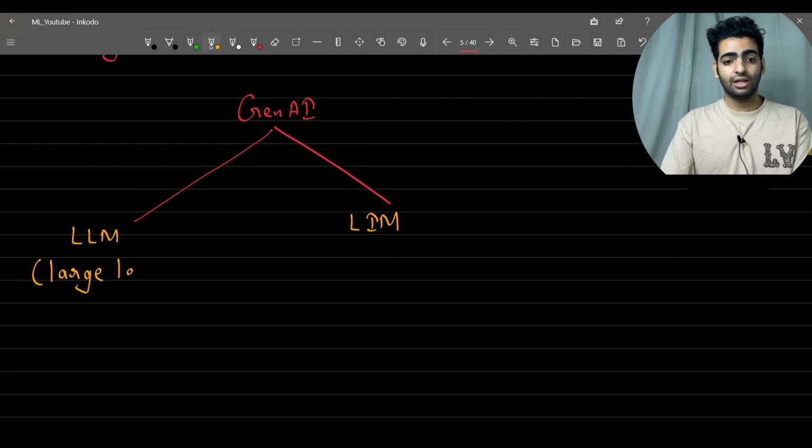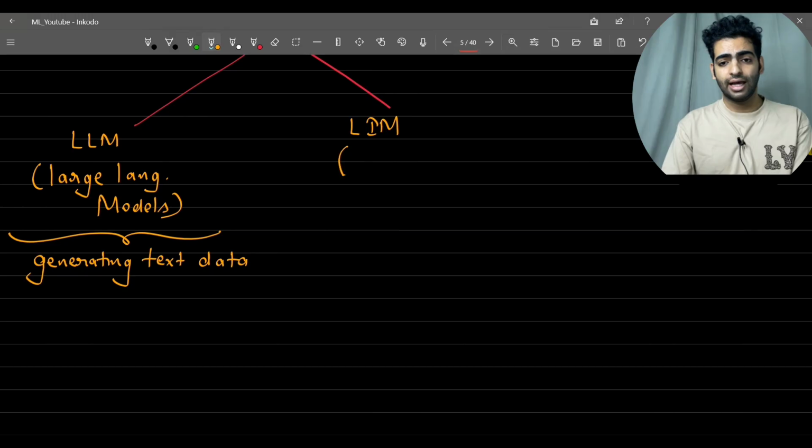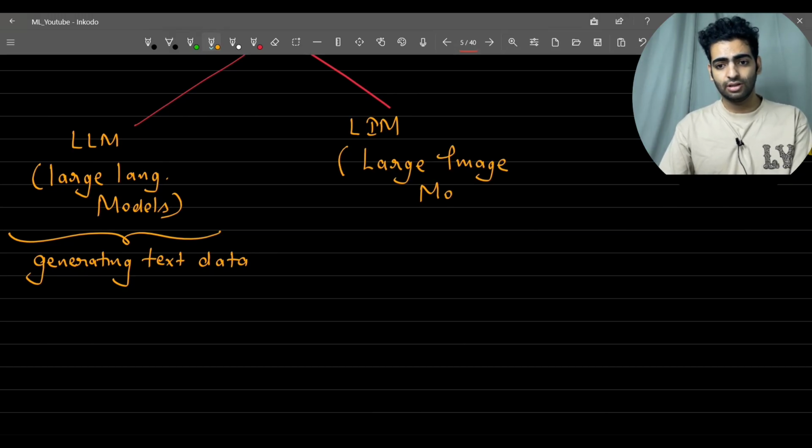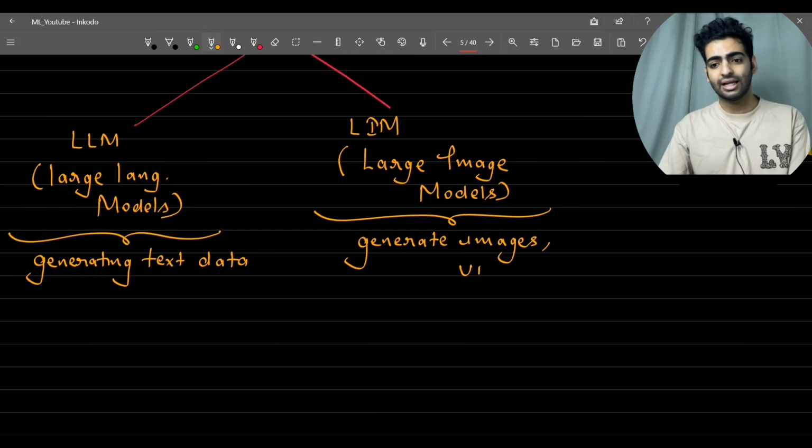LLM stands for large language models, which are basically used to generate text data. And LIM stands for large image models, which are basically used to generate images, videos, and things like that.